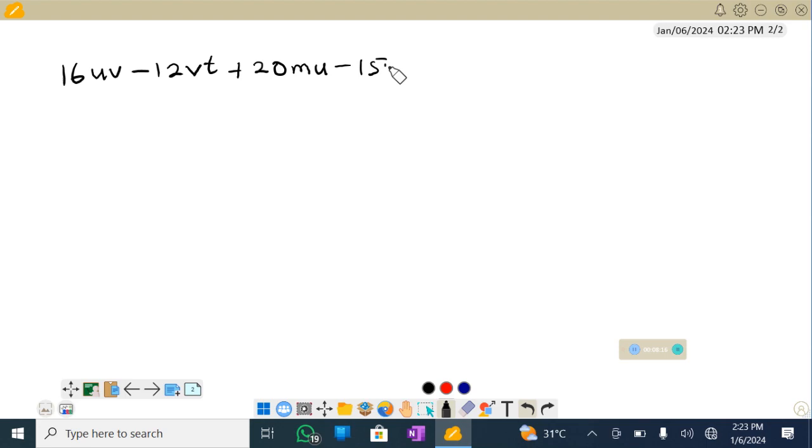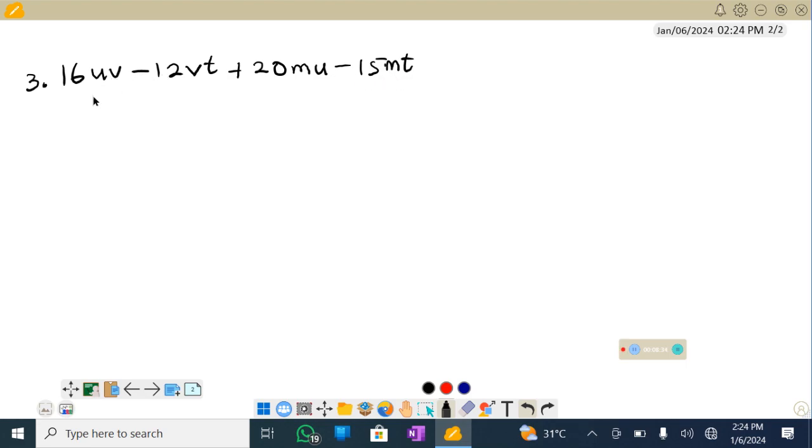Okay, so that's our example number 3. So the way we have been solving is the same way we are going to still solve. You group these two together and group these two together.